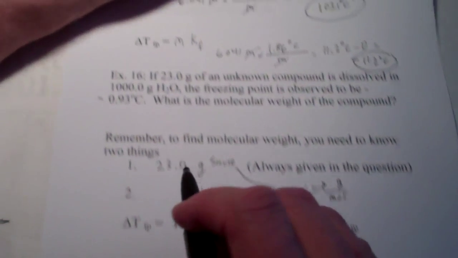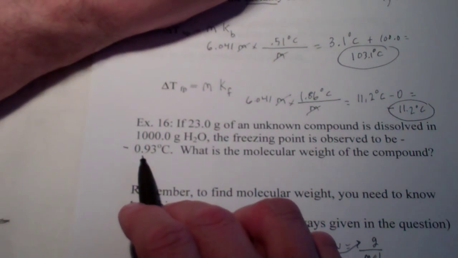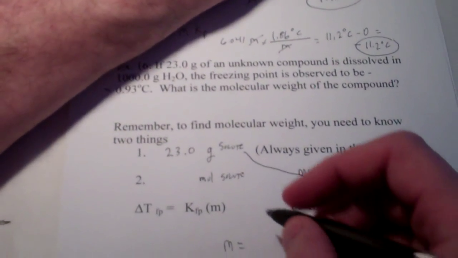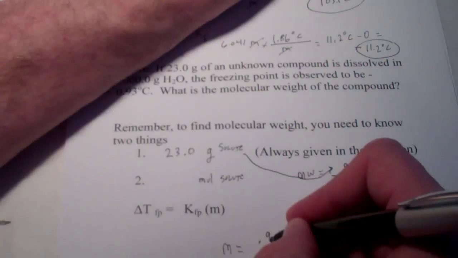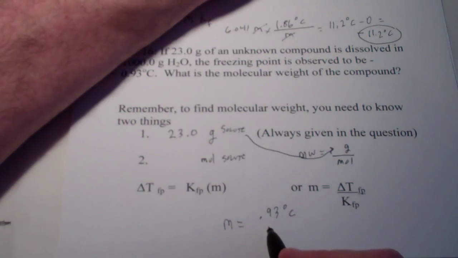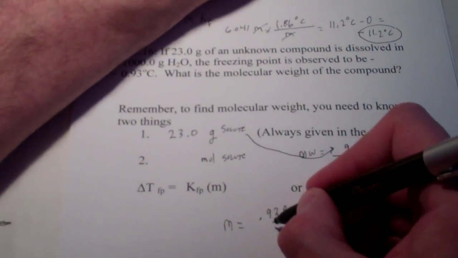My delta T, let's see, the new freezing point is negative 0.93. Water normally freezes at 0. So it looks like my delta T is 0.93 degrees Celsius. We'll make that an absolute value, okay? It's just the change in the freezing point.